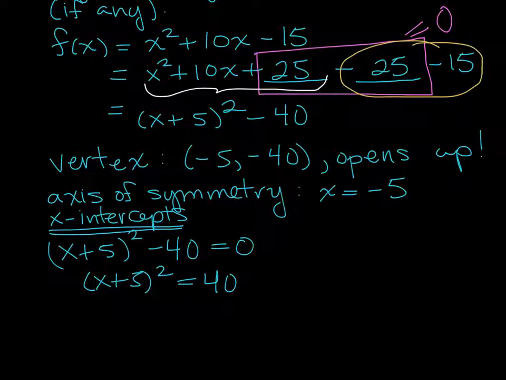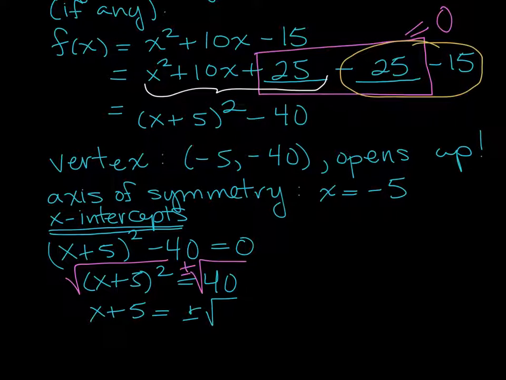Taking the square roots of both sides, we then obtain x plus 5 is plus or minus the square root of 40. So x would be negative 5 plus or minus the square root of 40.